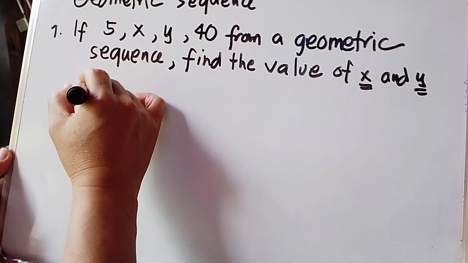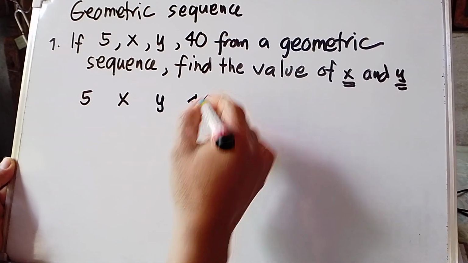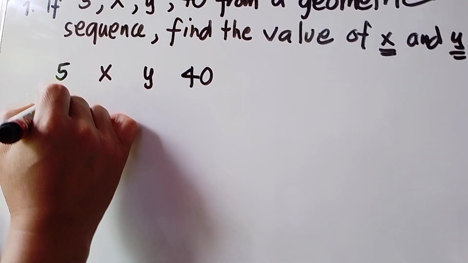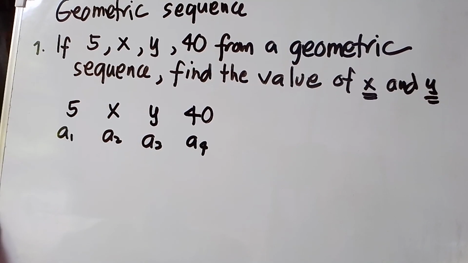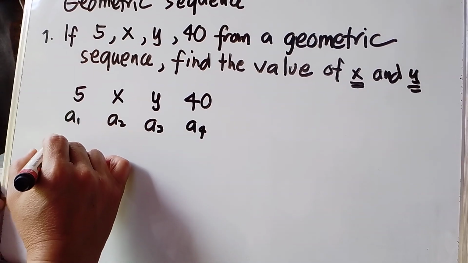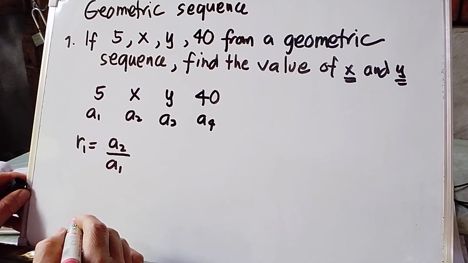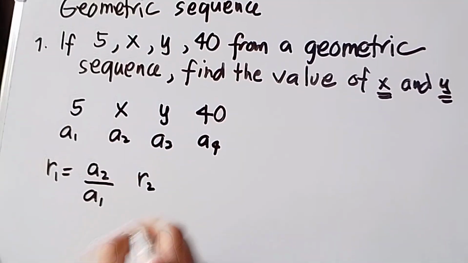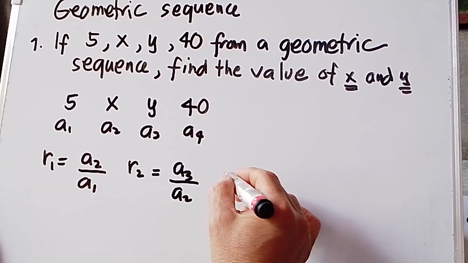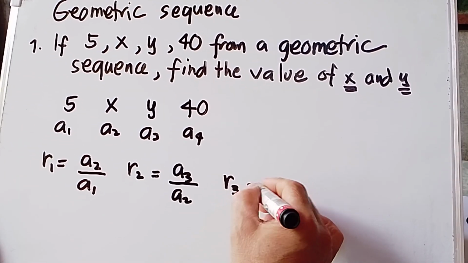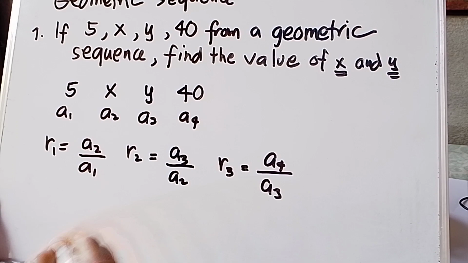So I need to write the terms 5, x, y, and then 40. Since I have 4 terms, this will be my a1, a2, a3, and then a4. By making a ratio, r1 is equal to a sub 2 over a sub 1, and then my r2, or common ratio number 2, will be a sub 3 over a sub 2, and then my r sub 3 is equal to a sub 4 over a sub 3.